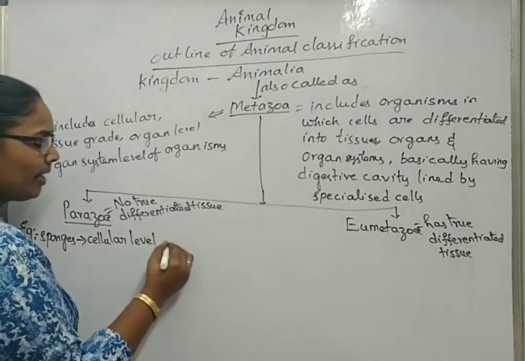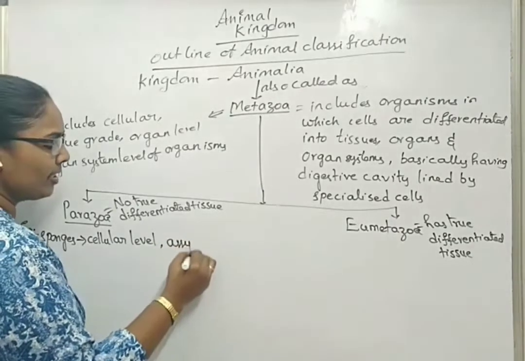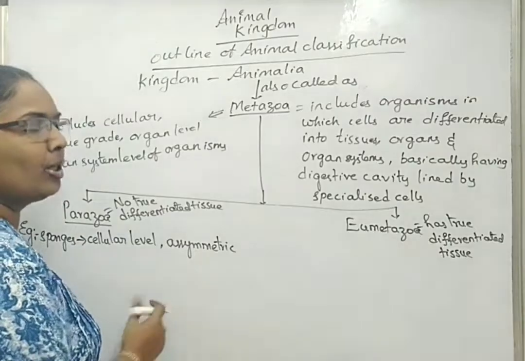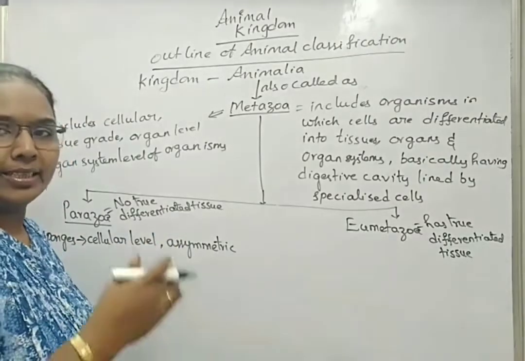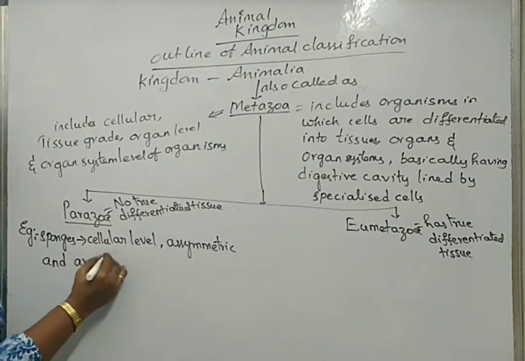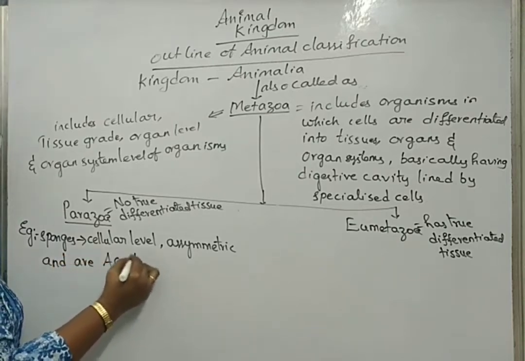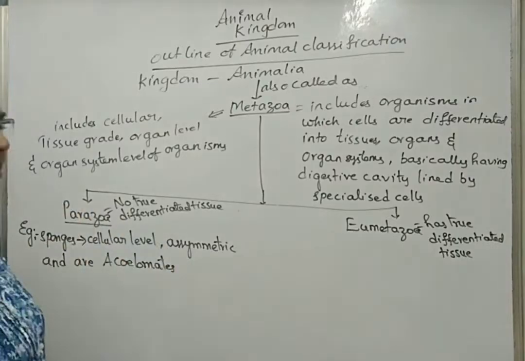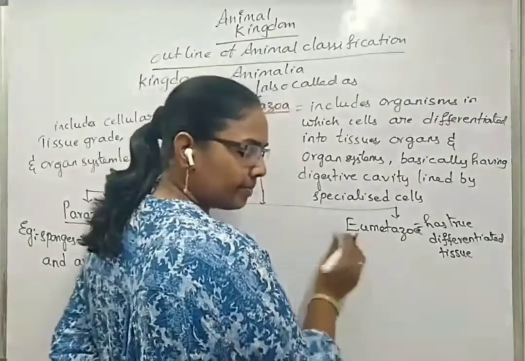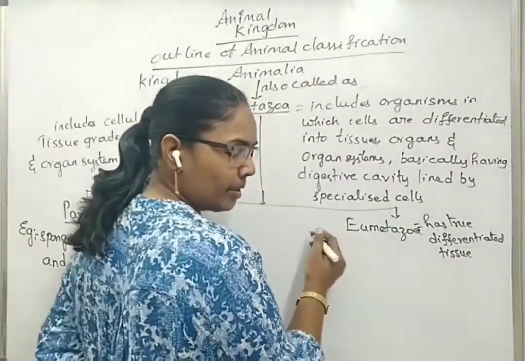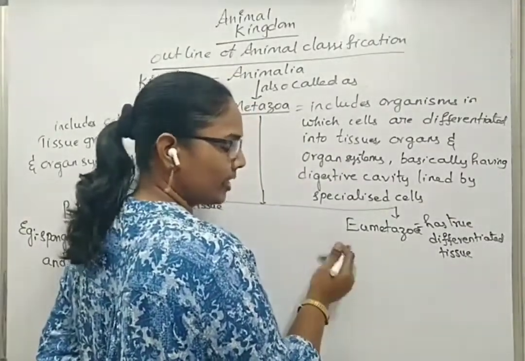Next, they are asymmetrical, meaning the body is not divided into two halves even when we cut in any plane, and they are acoelomates. There is no coelom in their body. Coming to eumetazoans, these are considered the true animals. They have true differentiated tissue.